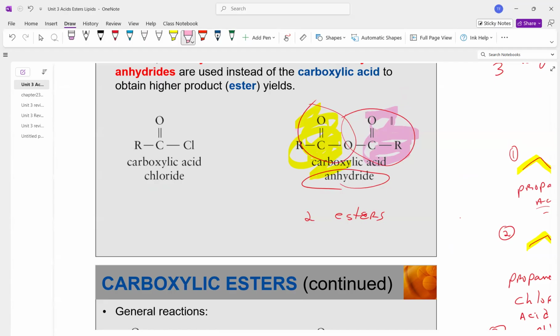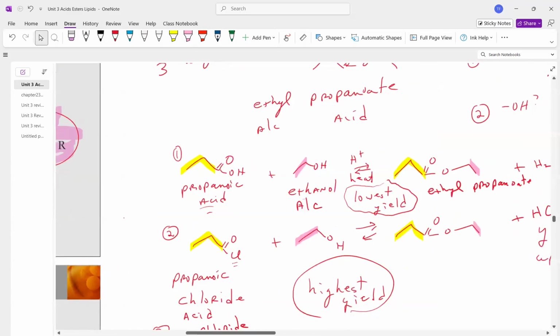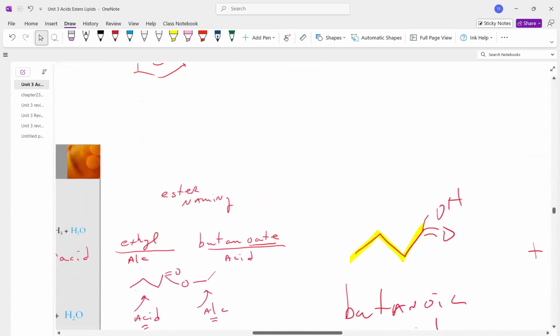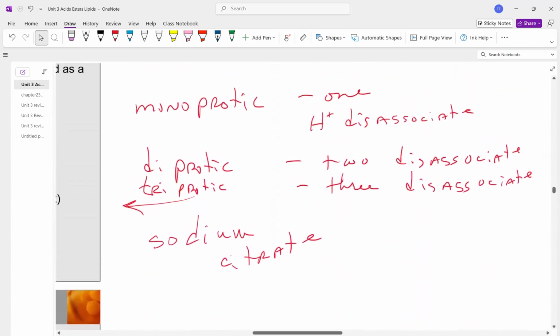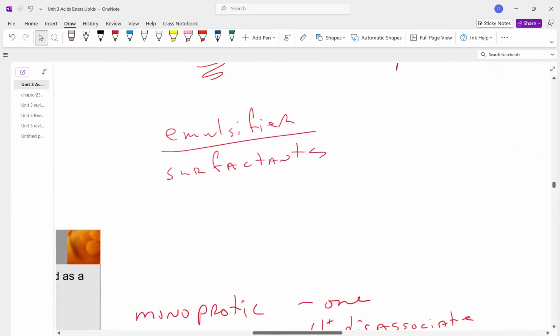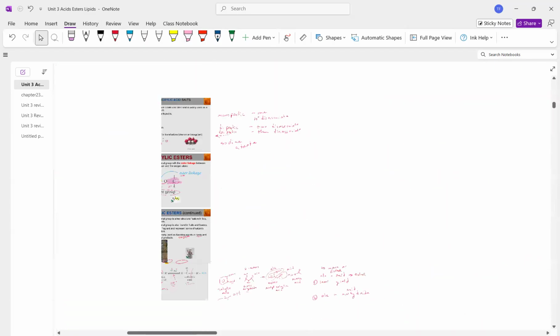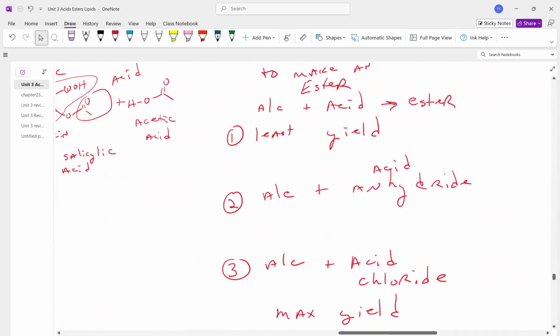So the acid, instead of a pure carboxylic acid, you're using acid anhydride. And this gives you middle yield.